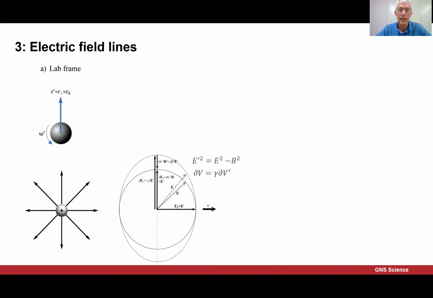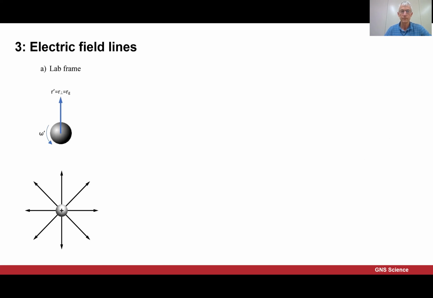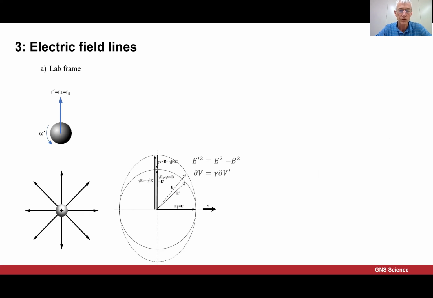However, there's also a magnetic field. However, the net electromagnetic field density remains the same. So the net for a moving charge means the same as the charge at rest.